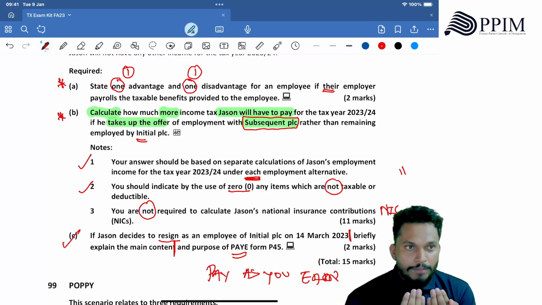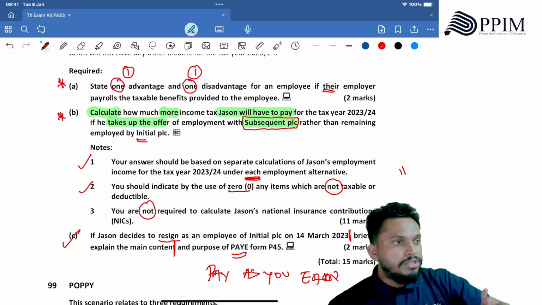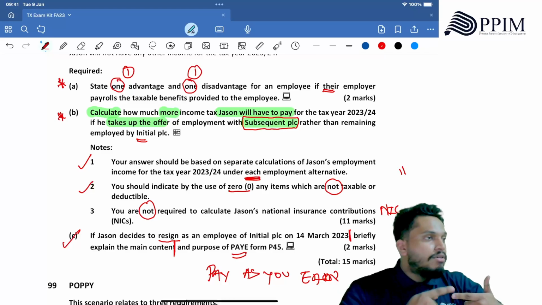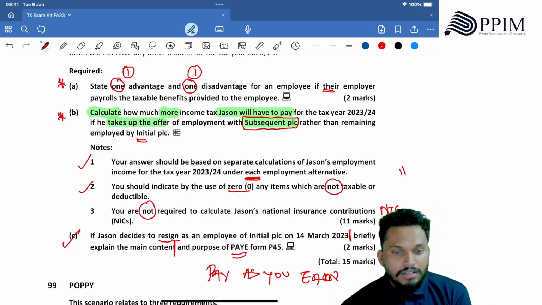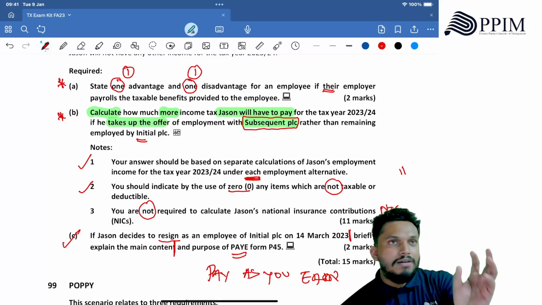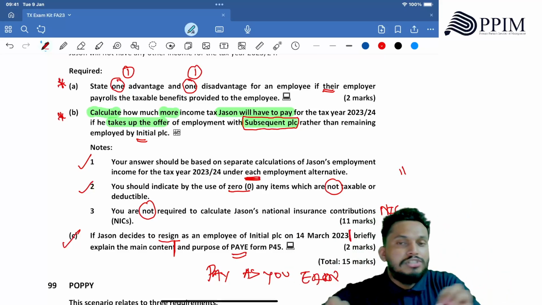So I read the requirement. Once you have done reading the requirements, now when you go back to your question, you can filter what information is essential to draft your answer, isn't it? So you need to calculate the income from subsequent PLC and income from initial PLC to show your calculation.